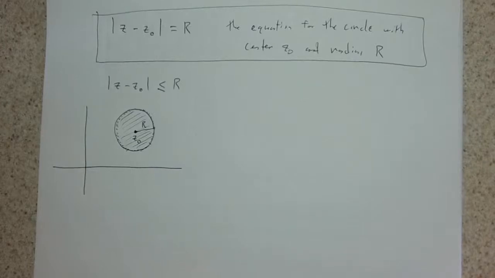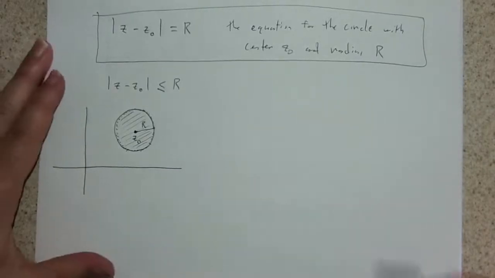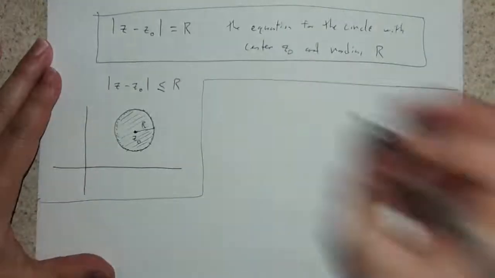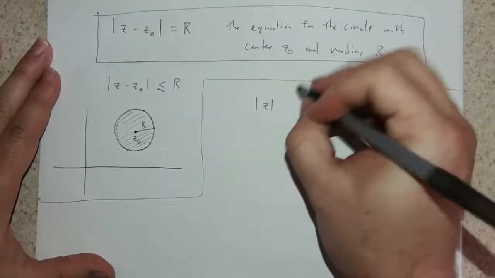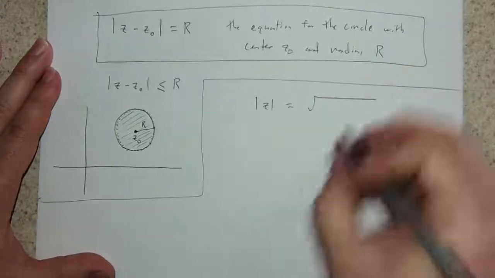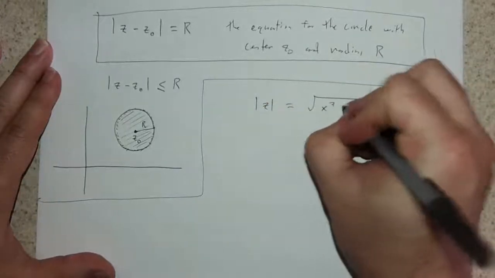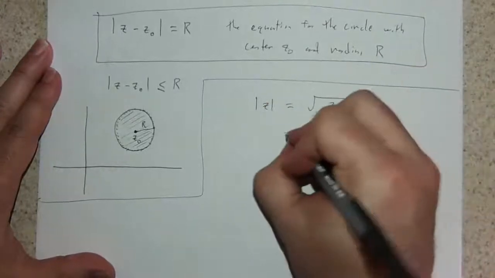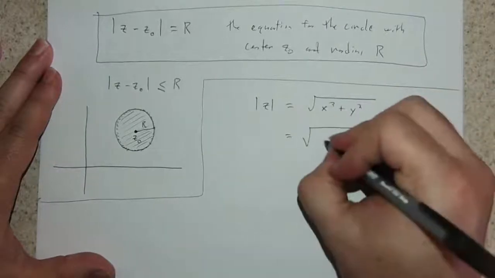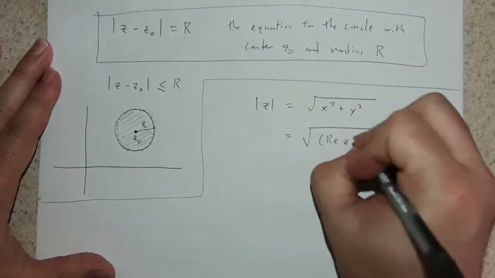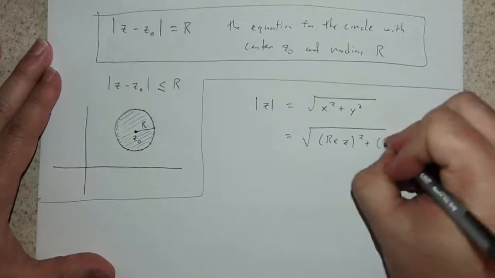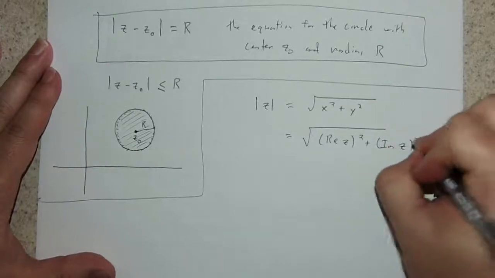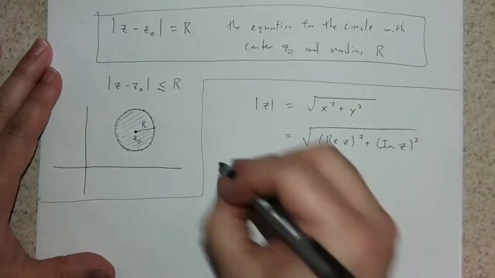Okay, a couple other things, just doing some bookkeeping here. As I wrote before, since we know the modulus of a complex number using the normal notation, we could think about this as the square root of the real part of z squared plus the imaginary part of z squared. That's an alternative way of thinking about this.